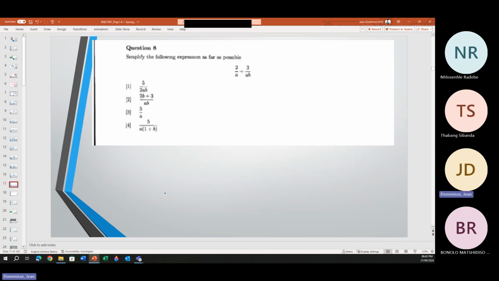Okay, cool. Let's see another one. Simplification, but this time it is not multiplication or division. It is a plus, and they want to simplify this. Okay, this is a weird one to simplify.